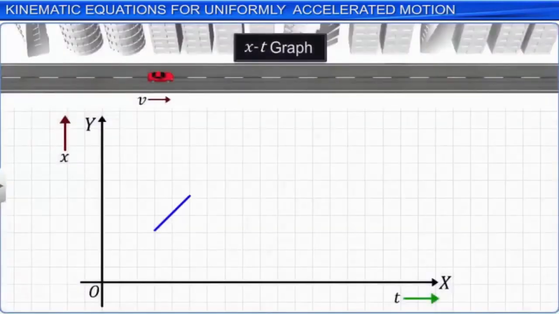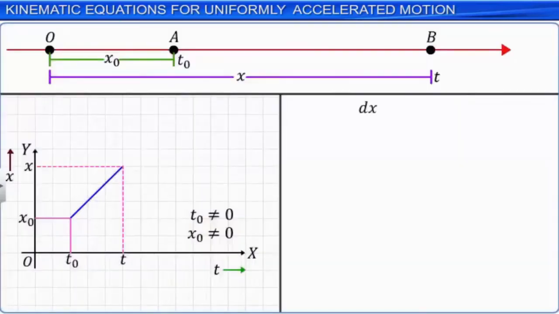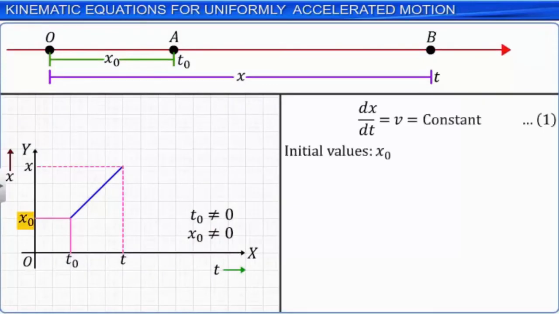Observe the x-t graph. t naught is not equal to 0 and x naught is also not equal to 0. dx by dt is equal to v, which is a constant. Initial values are x naught, t naught. Final values are x, t. Cross-multiplying equation 1, we get dx is equal to v into dt.